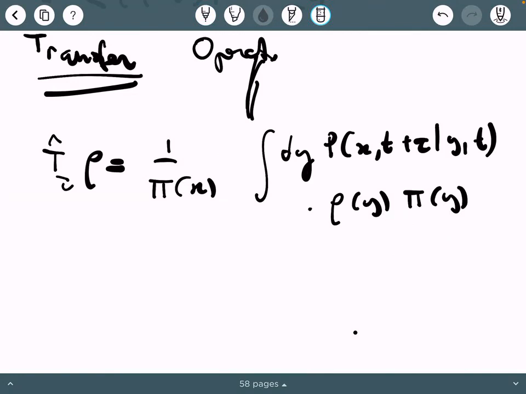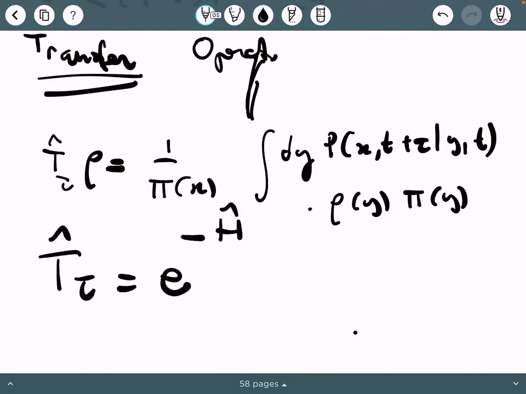And we will discover that the transfer operator is the evolution operator associated with the backward Kolmogorov operator, as I will demonstrate.